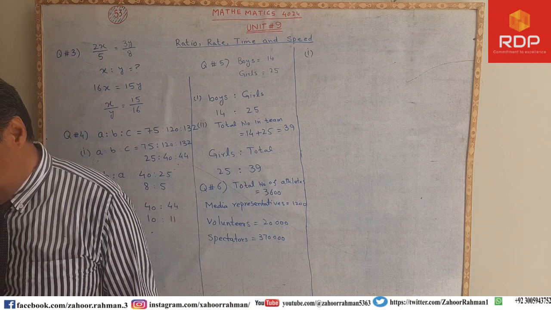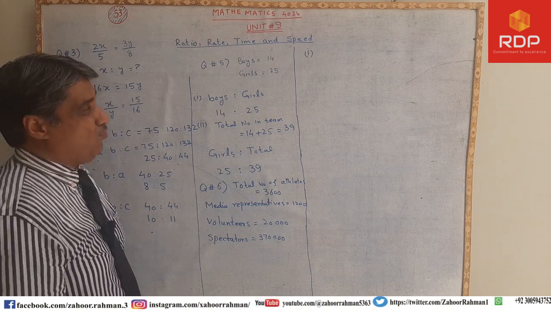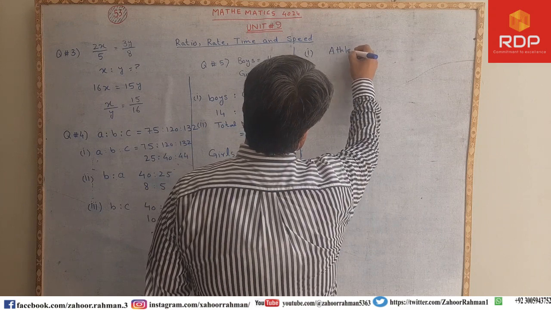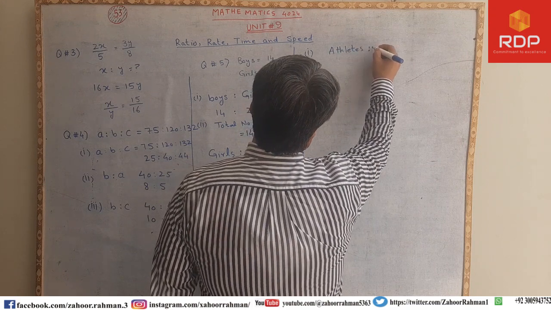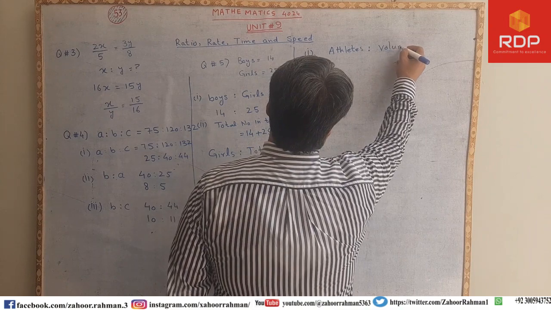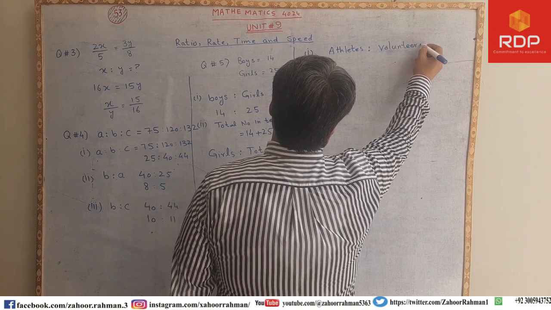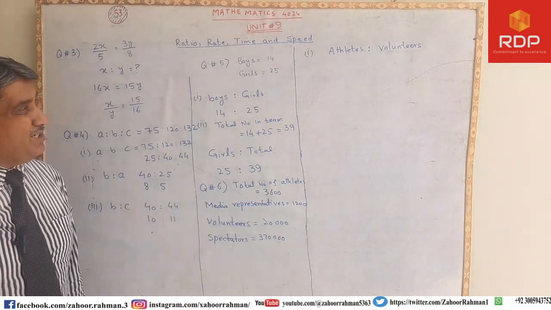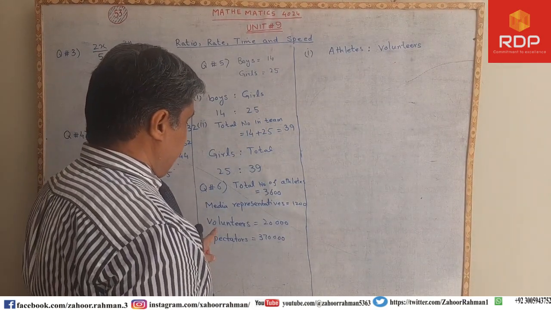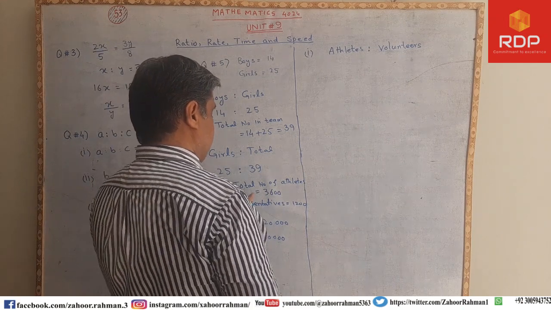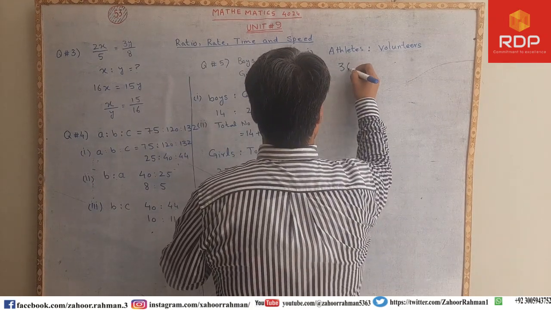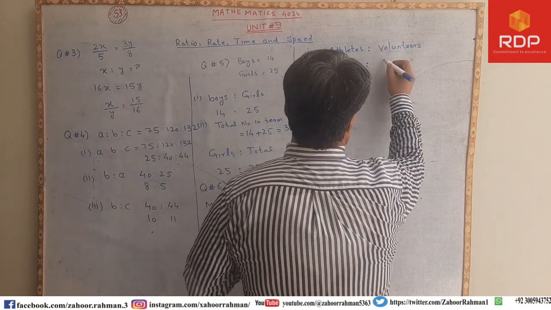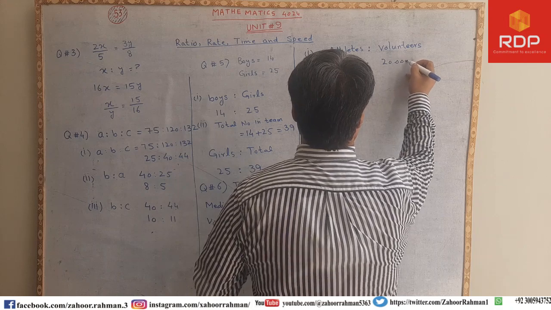Now the first part, I am writing it here, says find the ratio of the number of athletes to the number of volunteers. Athletes ratio volunteers. Instead of athletes we will write 3,600, and volunteers is 20,000.